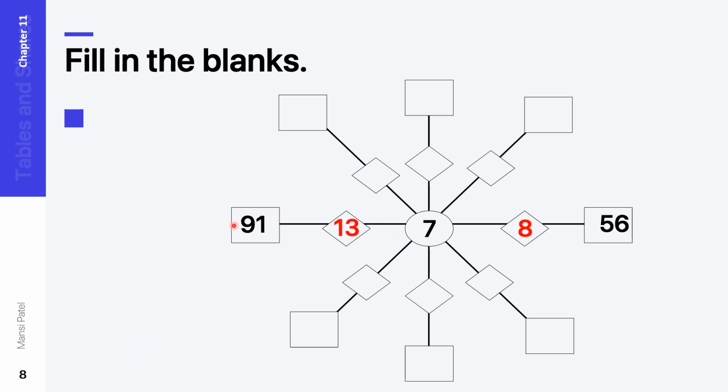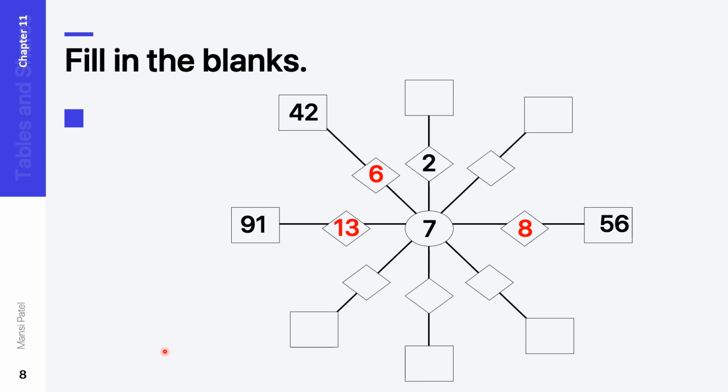So how many 7s are 91? So we can say that 13 7s are 91. Now the next one, that is 42. How many 7s are 42? So here we can say that 7 6s are 42.